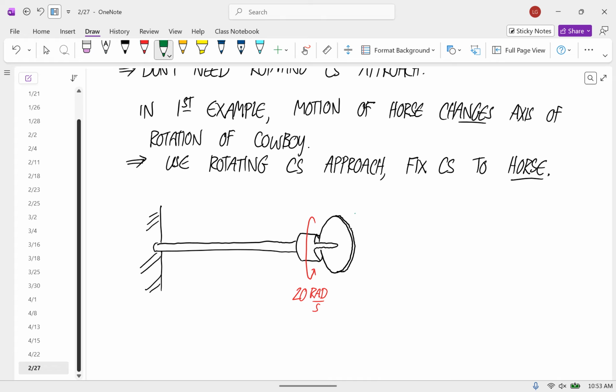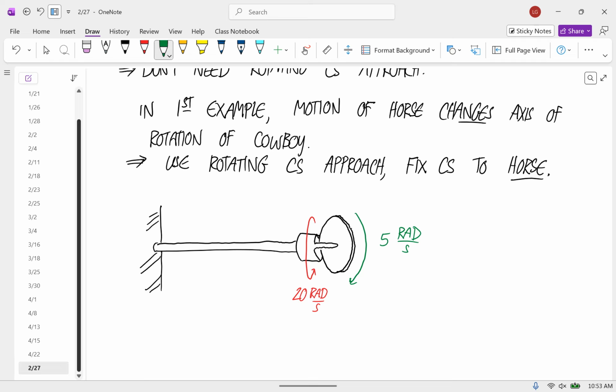And this one is going this direction at 5 radians per second. But notice that that second one, the green value, is a rotation that only makes sense relative to the red one. Otherwise, it's a lot more complicated what's going on.